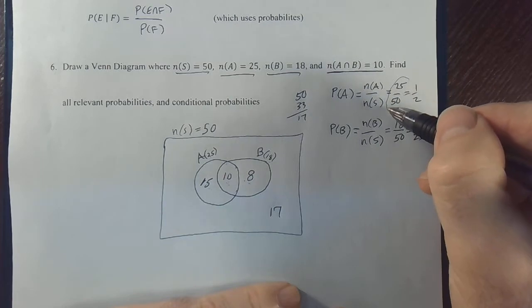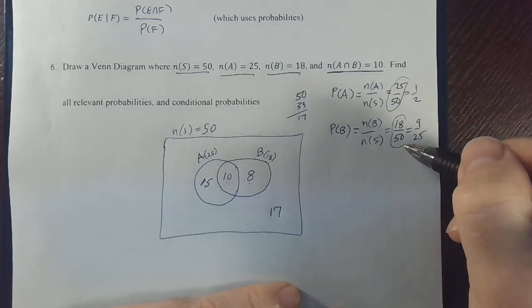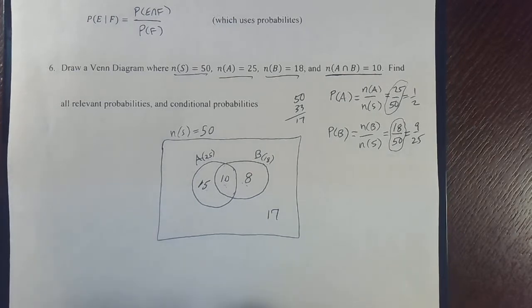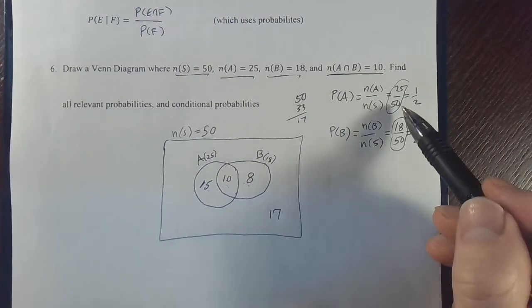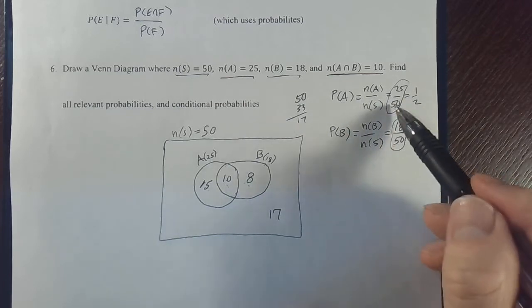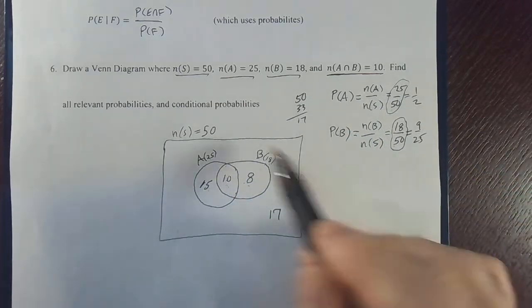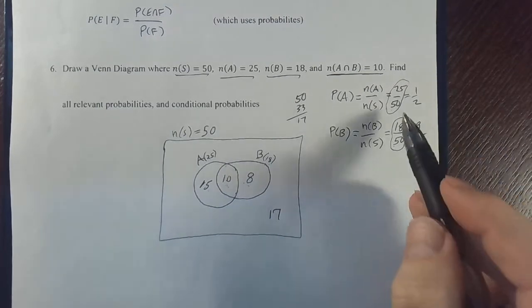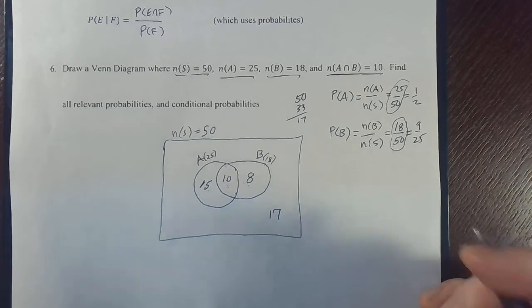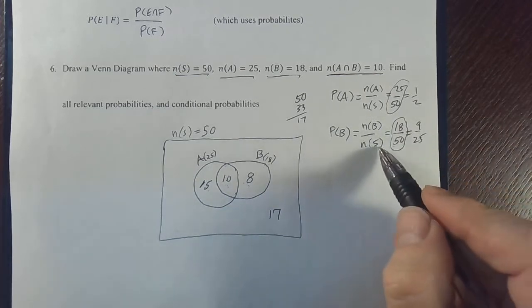But I actually like to leave them unreduced, which is fine for you to do as well on a homework or a test, making it obvious that they have the same denominator. There's 50 elements in the sample space, so most of these probabilities before reducing will have 50 as the denominator.